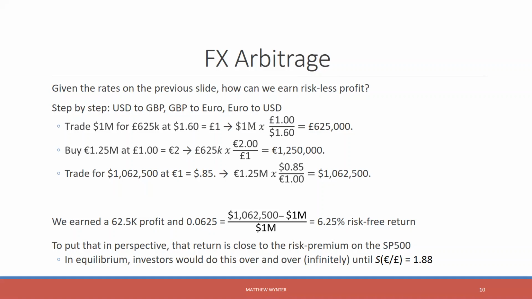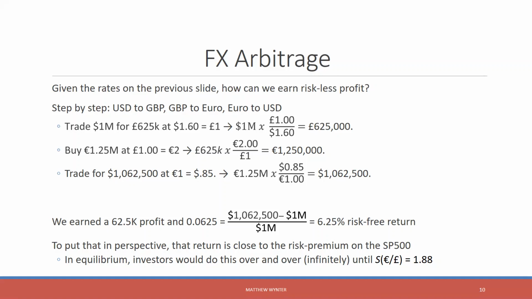In equilibrium, if investors did this over and over and over, and they would, eventually we would observe that the prevailing market rate, the spot rate for the euro to pound, would get to 1.88. So what's the takeaway?